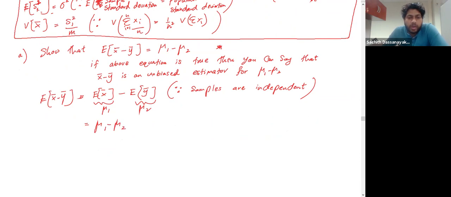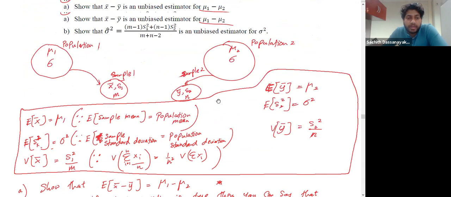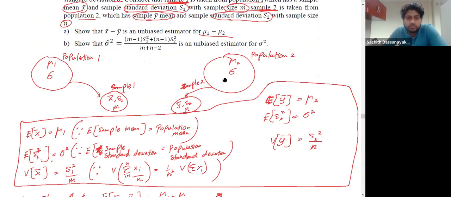You have shown what you need. Finally, since this equals this, x bar minus y bar is an unbiased estimator for mu1 minus mu2. Okay, part B. Oh, you have to show this giant equation.